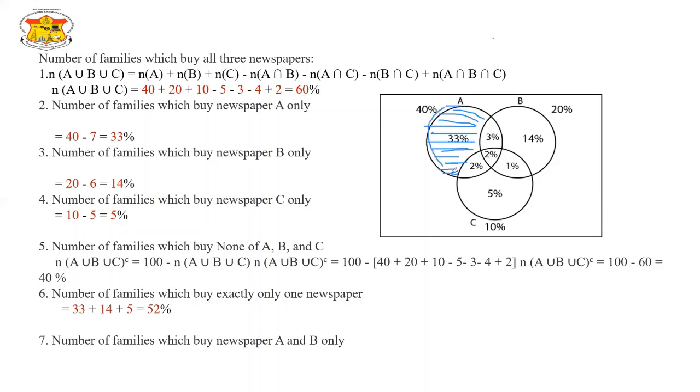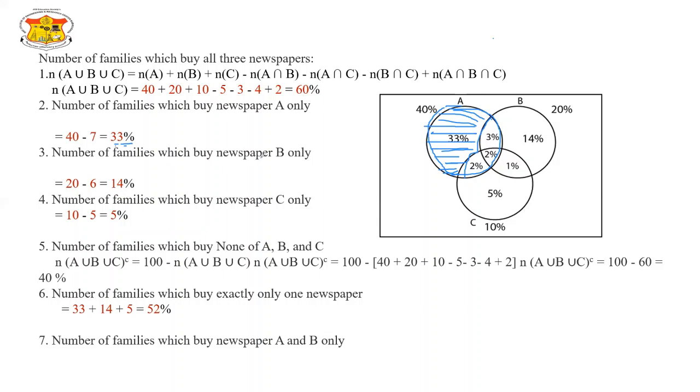This whole part is 40, and we have to minus this part. So 3 plus 2 plus 5 is 7. 40 minus 7 is 33%. So by the Venn diagram you already calculated this part as 33%. So the answer is 33%.